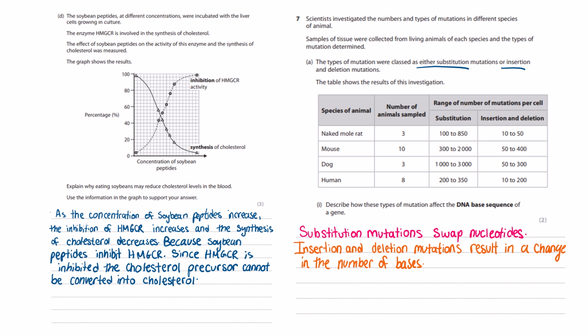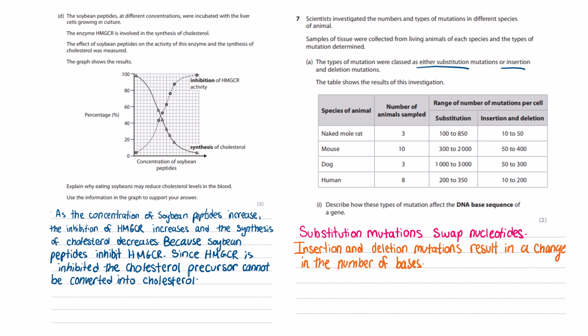Well, as the concentration of soybean peptides increases, the inhibition of HMGCR increases and the synthesis of cholesterol decreases because soybean peptides inhibit HMGCR. Since HMGCR is inhibited, the cholesterol precursor cannot be converted into cholesterol, so less cholesterol is being made, which is better for your health.